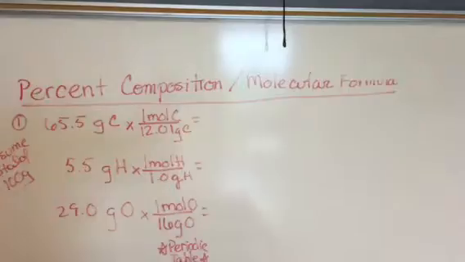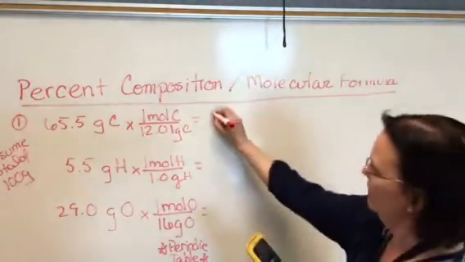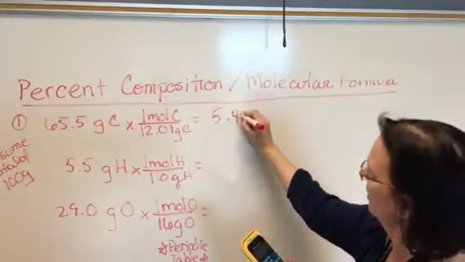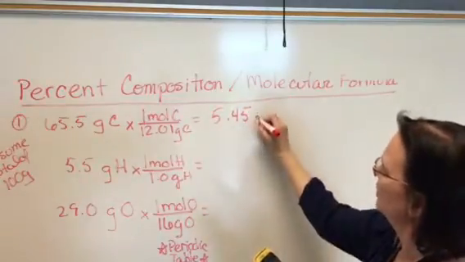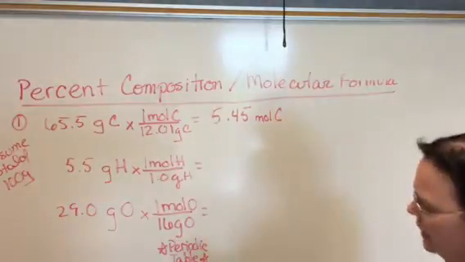Now, once we do that, we are going to figure out the value of each of those. So for carbon, that's going to be 65.5 divided by 12.01, and that's 5.45 moles carbon.